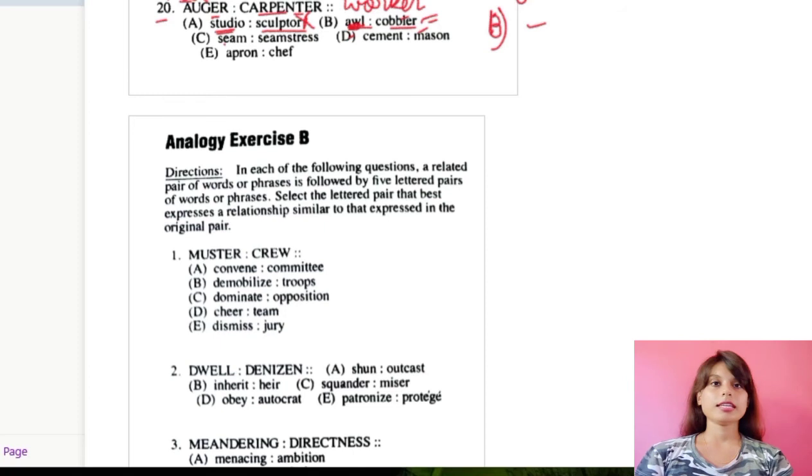Next is seam and seamstress. Now what is seam? Seam means joining or stitching, and seamstress means the person who stitches things, a woman who sews.